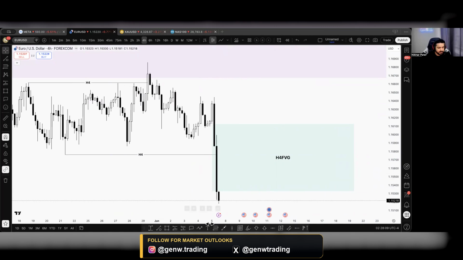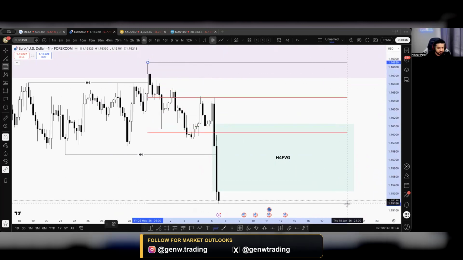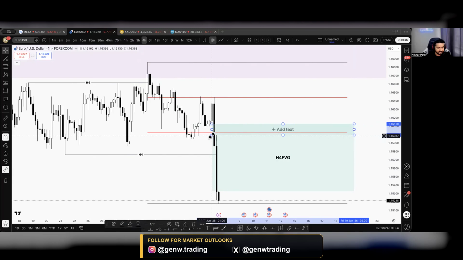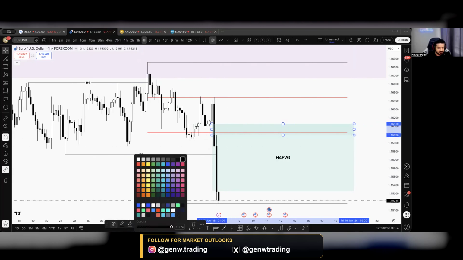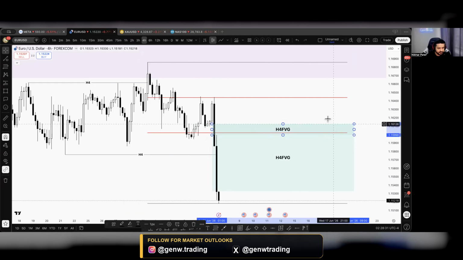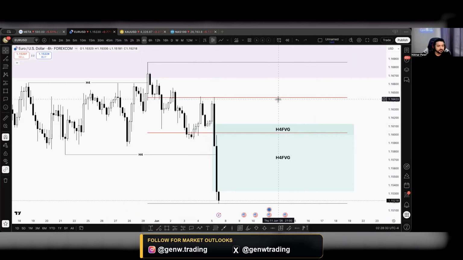No. Now, let's just mark the premium and discount theory. If you look at it, this particular area could be our point of interest to trade from for short trades. This is the POI on the discount area. Let's just mark it as another H4 FVG so that we know.